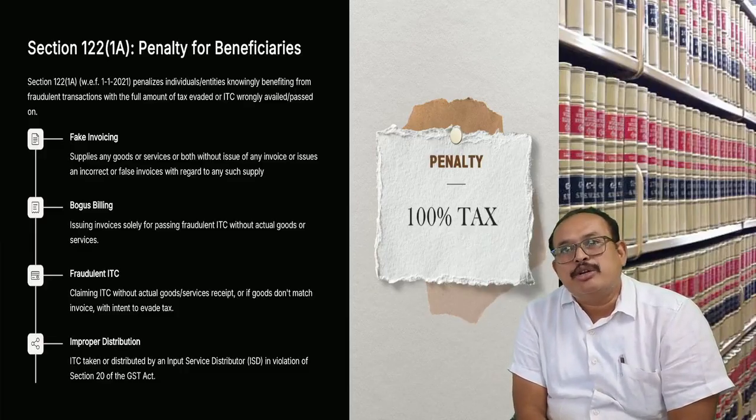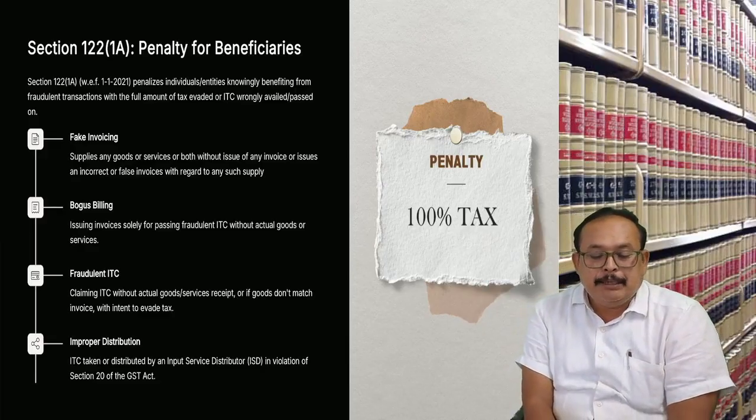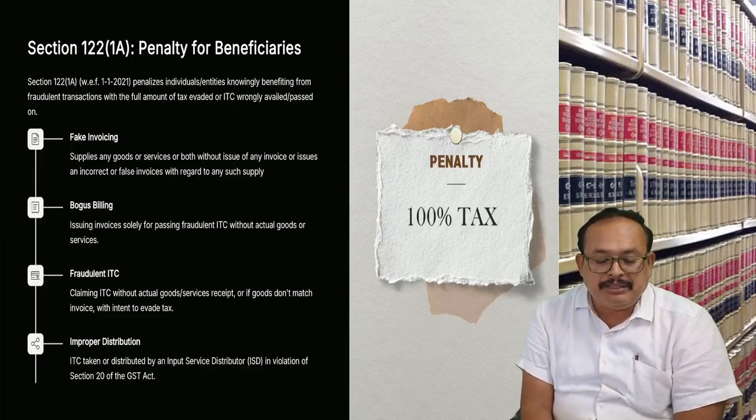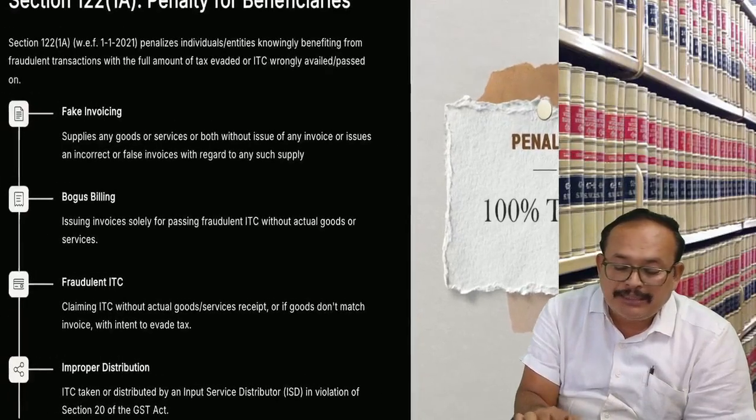Section 122, subsection 1, clause (a): penalty for beneficiaries. How much penalty for doing those activities? 100% of the tax. What activity is it?